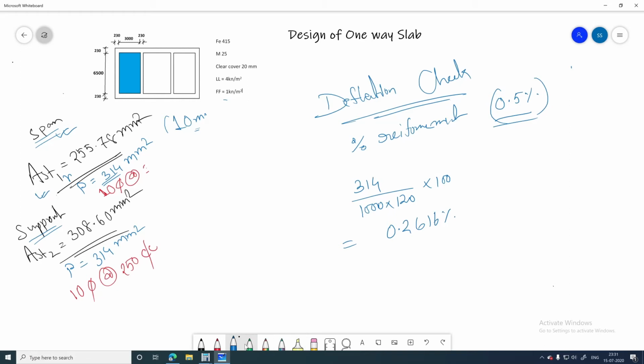That means our calculation is safe because it is less than the 0.5% that we initially considered. So our design is safe. In this way we can design a one-way slab. Very simple one. Now in the next problem we will solve the design of a two-way slab. Okay, thank you.